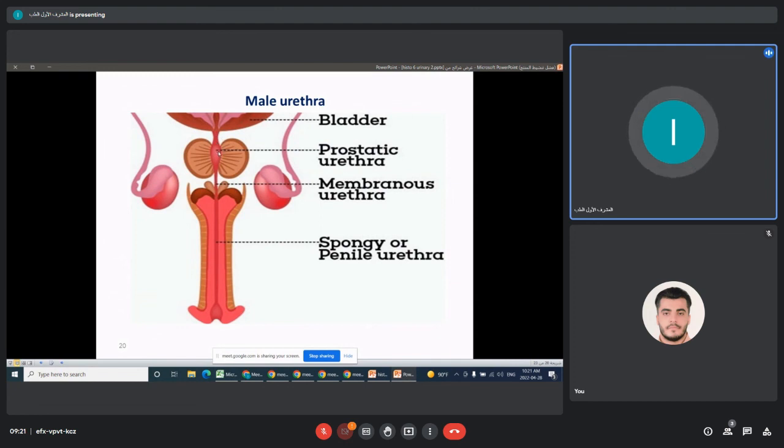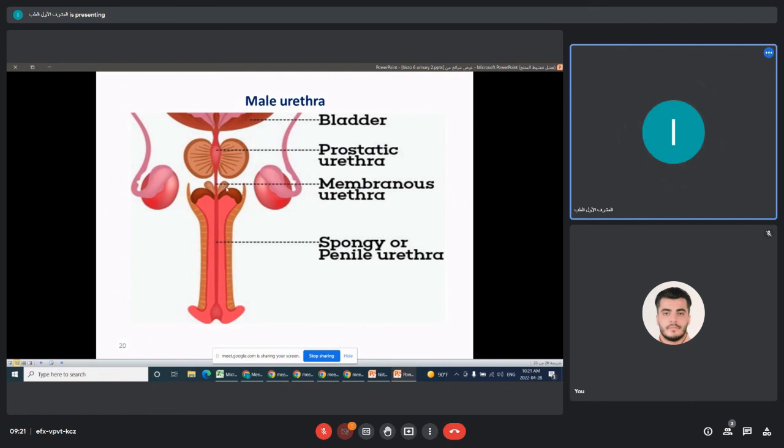The first part of the male urethra runs through this gland, therefore it is called the prostatic urethra. It's about 3 to 4 centimeters, and the lining here is similar to the bladder and the ureter, and therefore it is a urothelium.